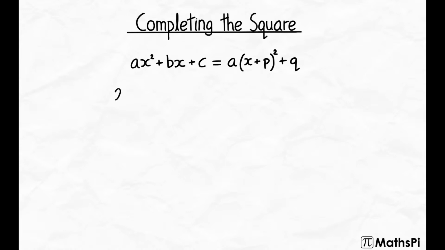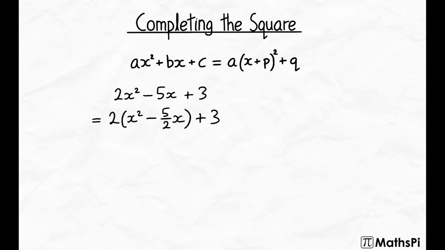This time let's take 2x squared minus 5x plus 3. First step, take 2 out of the first two terms. That will give us x squared minus 5 over 2x inside the bracket, leaving the plus 3 outside.